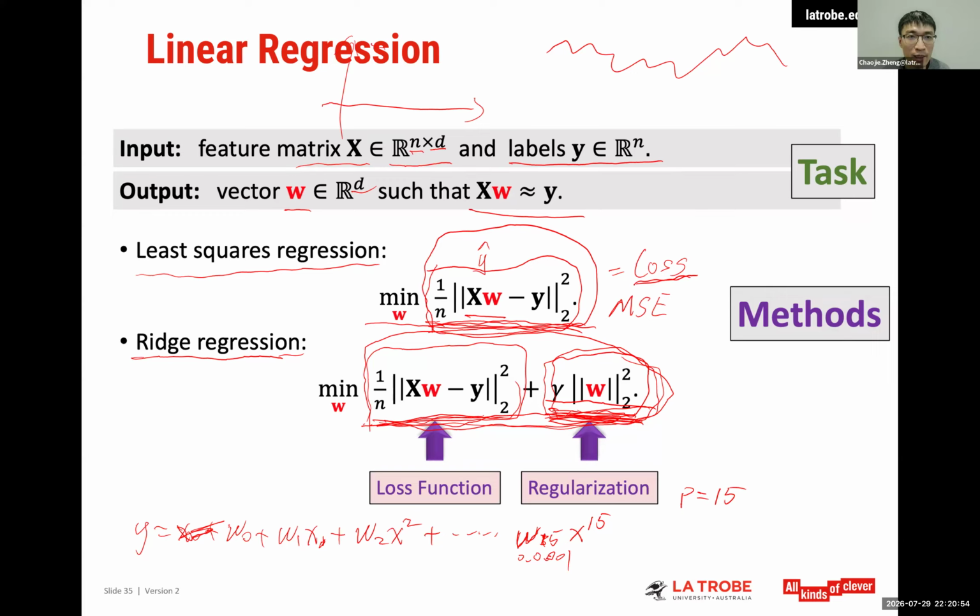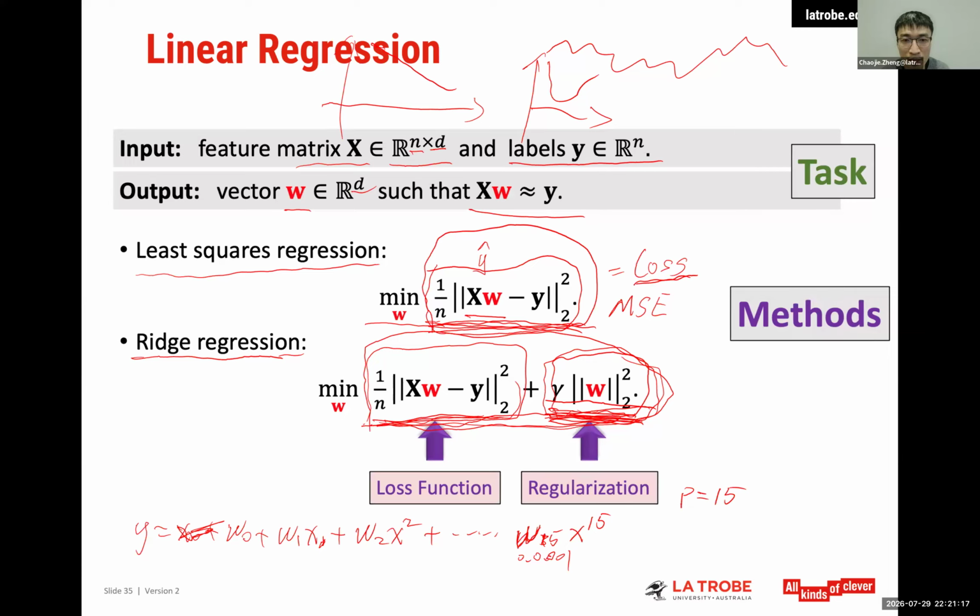It may be like a straight line, or maybe like x squared, something like this. So it can change the complexity of the model by suppressing the weight values, right?